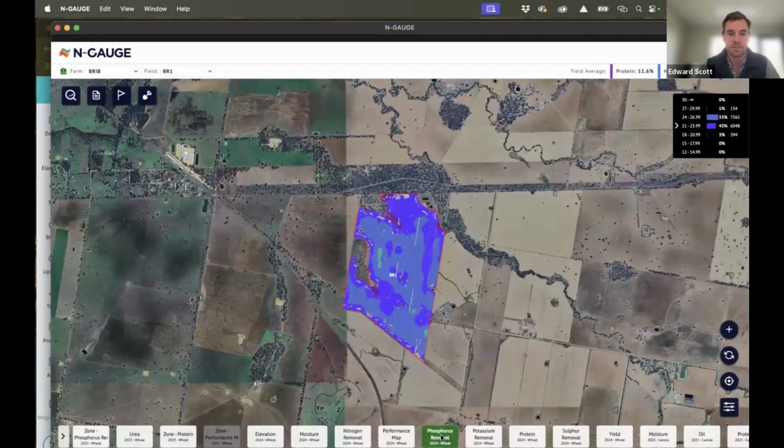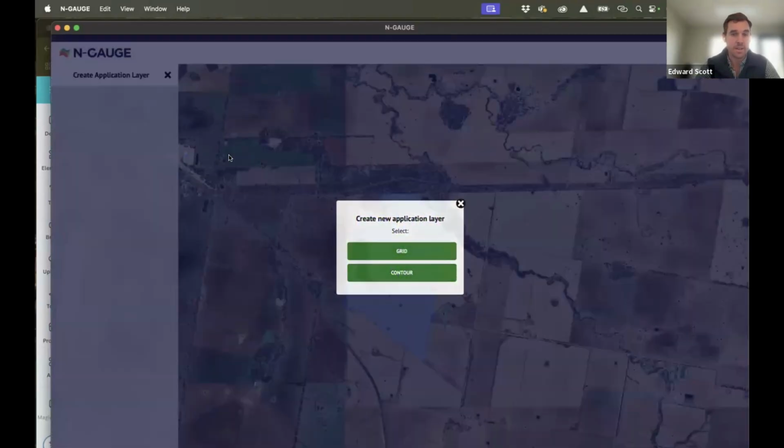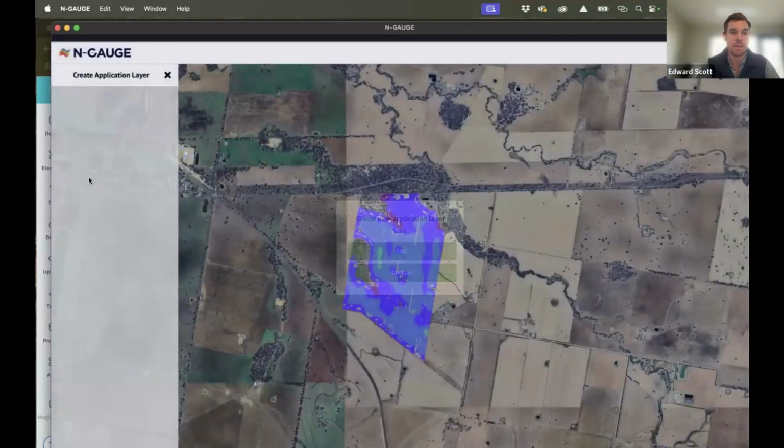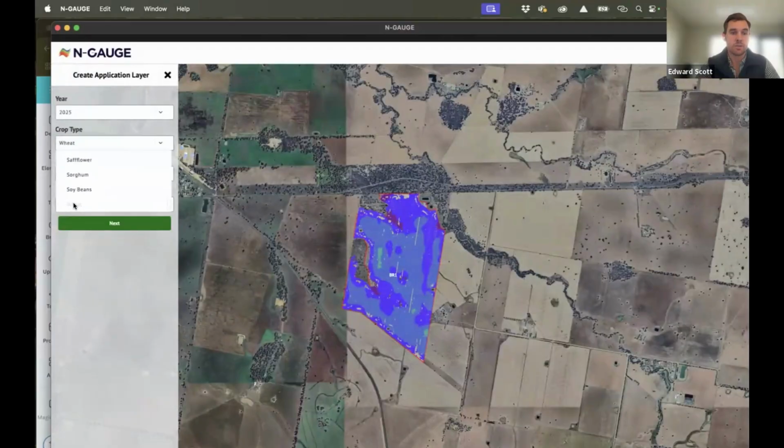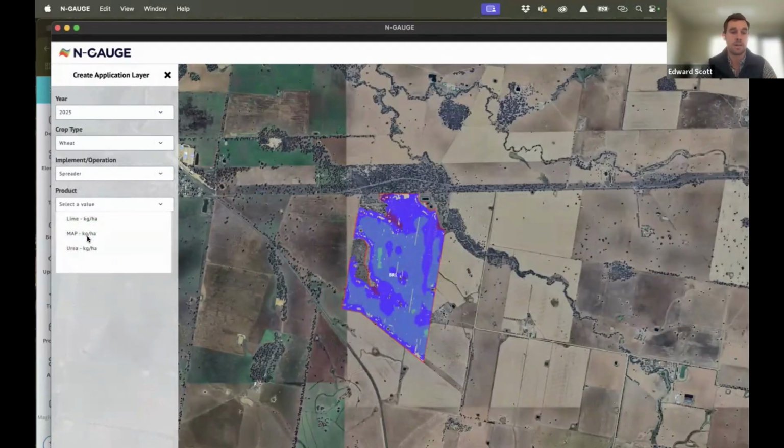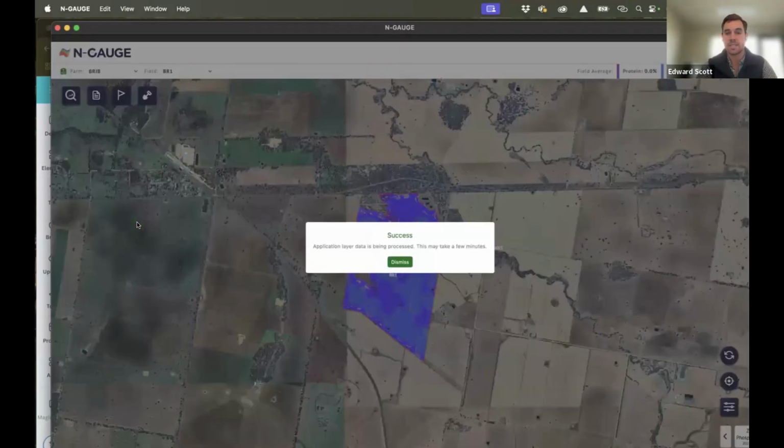These are more driven off the yield side of things, and we can create a prescription map on them. We can create a prescription based on phosphorus, like a MAP application, and, like was touched on in the video, gypsum or lime as well. So we can create these maps to do more than just nitrogen, not just get transfixed on that.